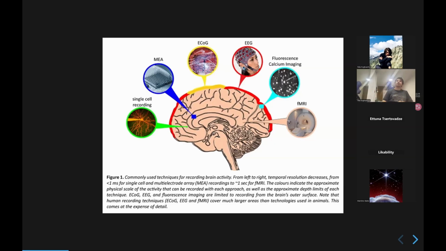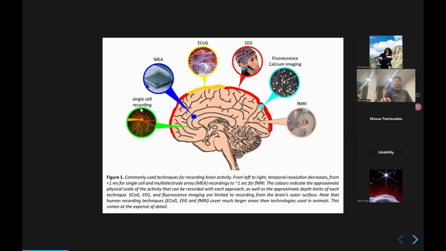In a sense, we are lucky that a lot of the interesting things to measure about a human are happening on the surface of our brain, but some important functions are happening deep inside. For example, fear and such emotions are happening in the amygdala, which is inside of our brain. So we can't really measure it with an EEG, but we can measure it with a multi-electrode array if we open up your head and put it in there.